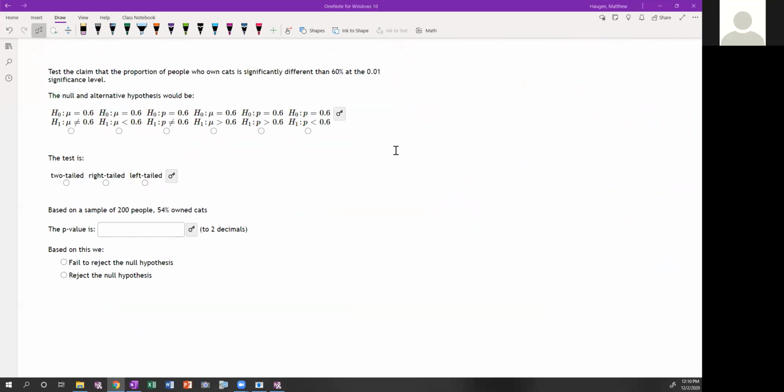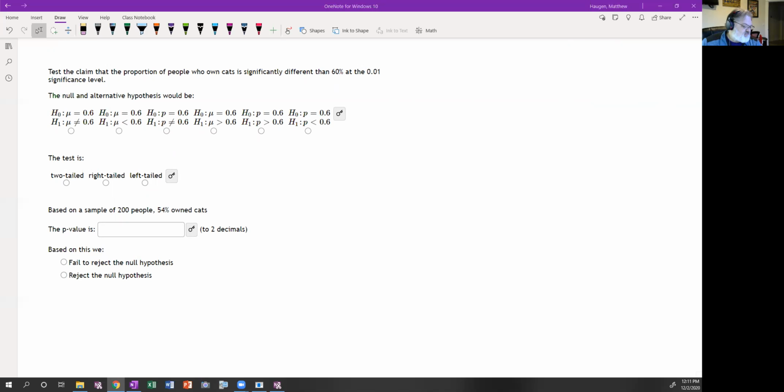Is it kind of similar to 10.2? It is. I think 10.2 is proportions and 10.3 is means, but the logic is the same logic. We'll look at what the difference is. Off the top of my head, they kind of all blend together for me. In 10.1, 10.2, and 10.3, the language is the same for some of these problems, and then the problems just get a little bit more involved as we go along.